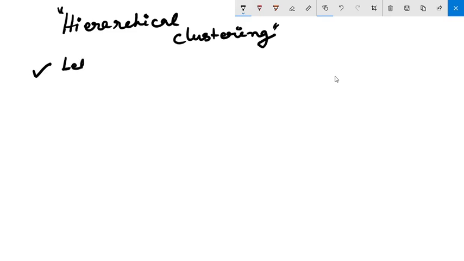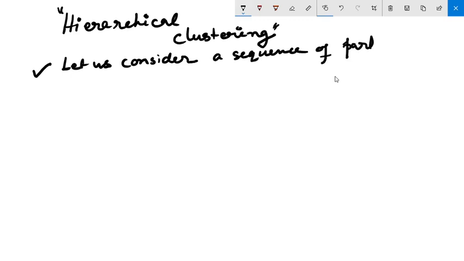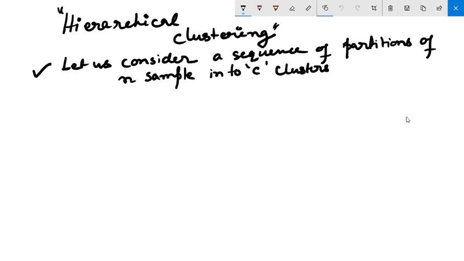Let us consider a sequence of partitions of n samples into C clusters.